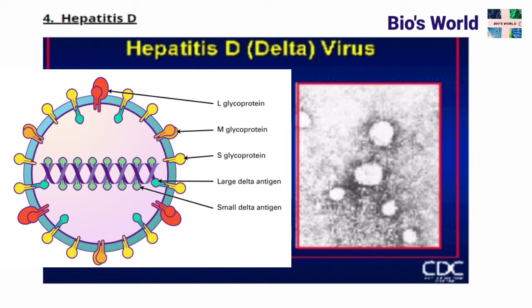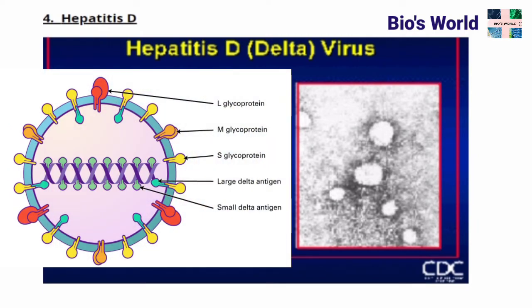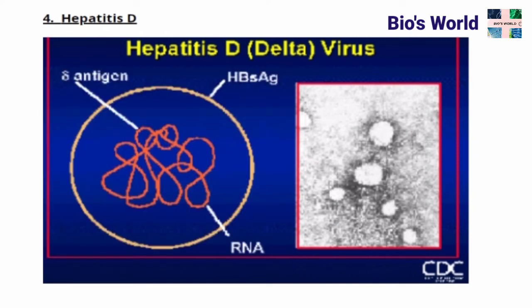So, after the translation and post-translational modification take place, progeny are made. After that, symptoms occur. But symptoms of hepatitis B and hepatitis D are alike, so it can be tough to define which disease is triggering your symptoms. So, get vaccinated.